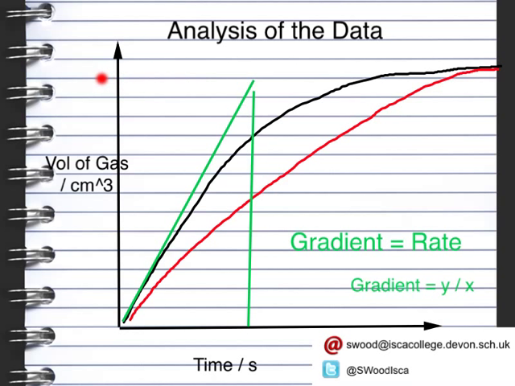So whatever this value is here over this value here will give you your gradient and therefore your rate. What you'll also notice is that as the graph goes along, the angle of our tangent line actually gets shallower, and therefore the rate actually slows down.